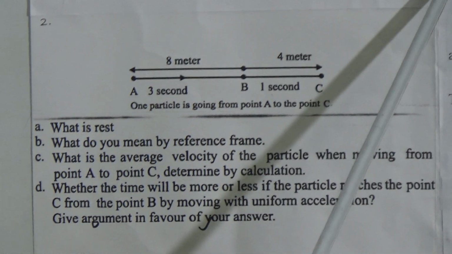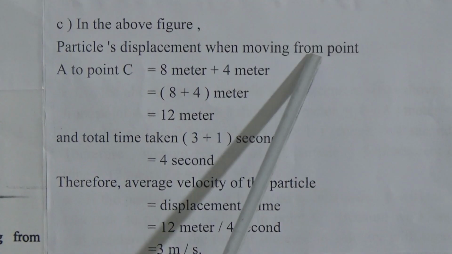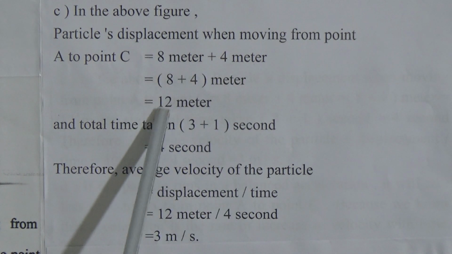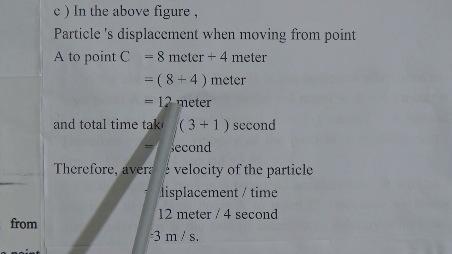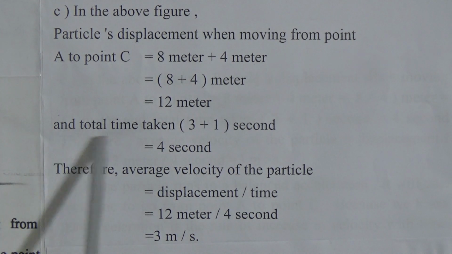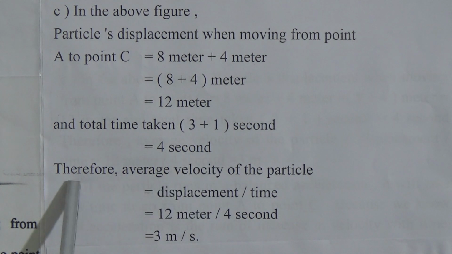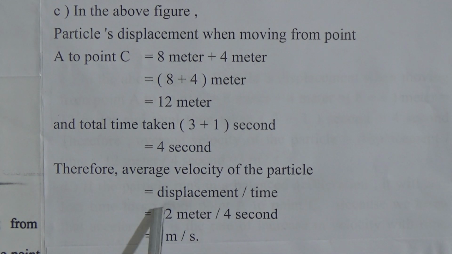Now come to the answer. In the above figure, the particle's displacement when moving from point A to C equals 8 meter plus 4 meter, that means 12 meter. You have to write like this because it is a mathematical term. And total time taken is 3 plus 1 second equals 4 seconds. Therefore, average velocity of the particle equals displacement by time equals 12 meter by 4 seconds.